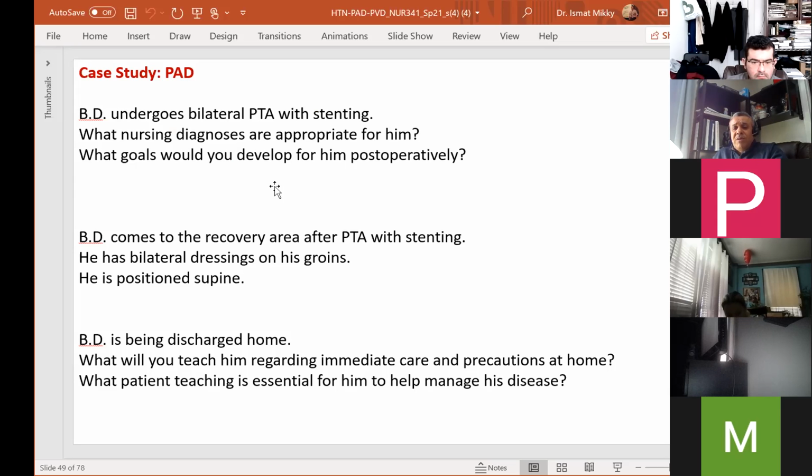The nursing diagnosis. What would be the appropriate nursing diagnoses for this patient? Can you give me a few nursing diagnoses that are appropriate for this scenario?